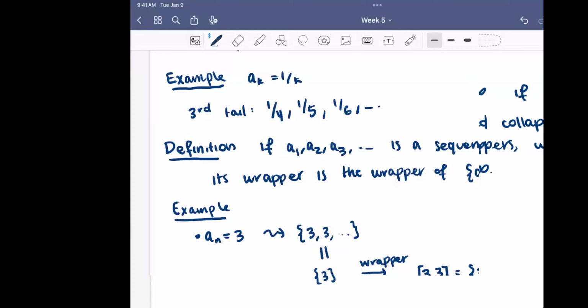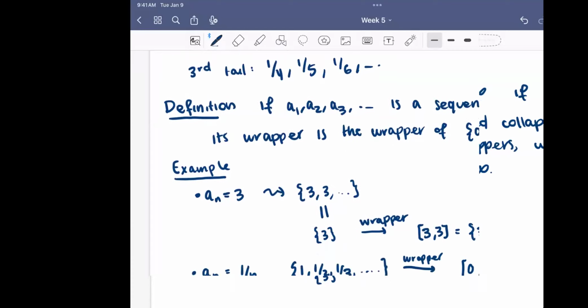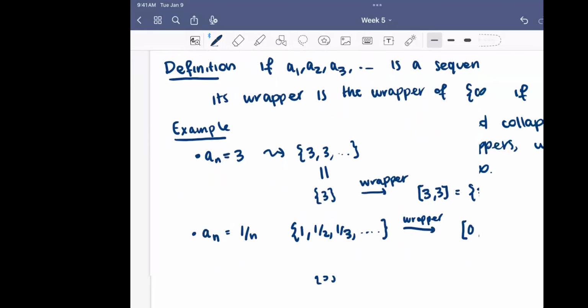Okay, so here's the definition of the limit of a sequence. What we're going to do now is take the wrappers of the tails. And if those are a collapsing collection for something, then that's the limit of the sequence.